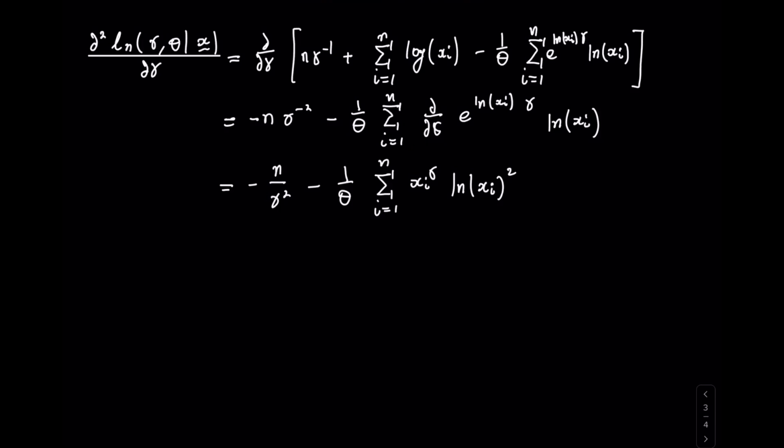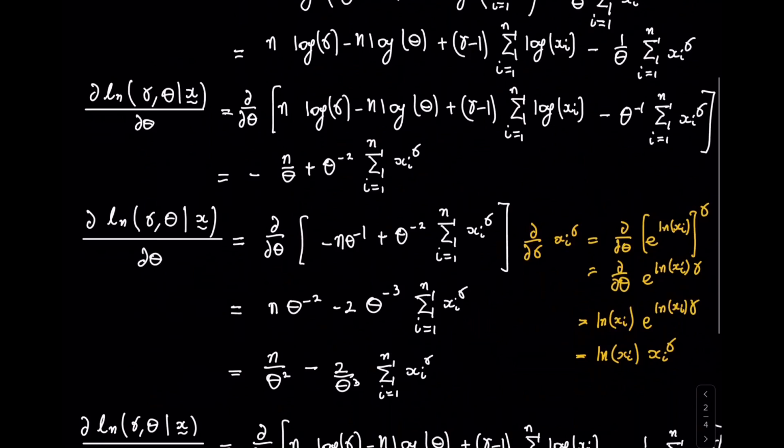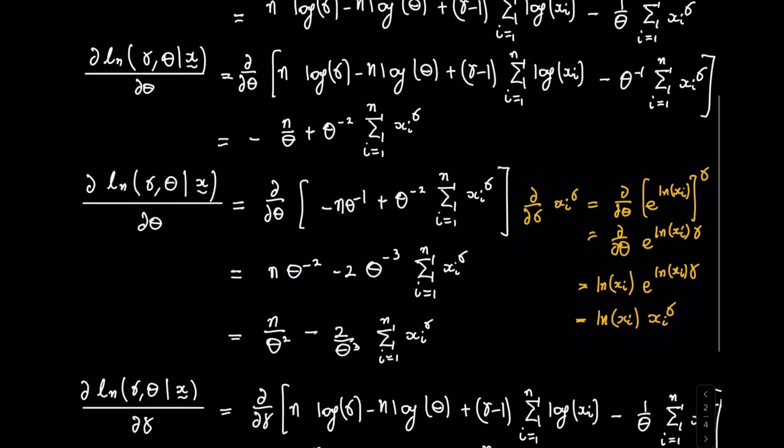And also, for interest, we can take the second partial derivative of the likelihood function in this particular instance with respect to theta and with respect to gamma. What could we do here?